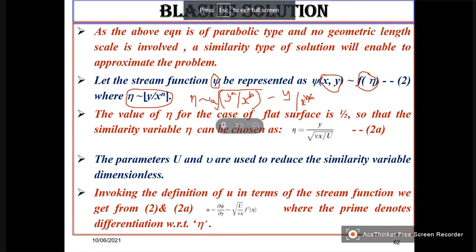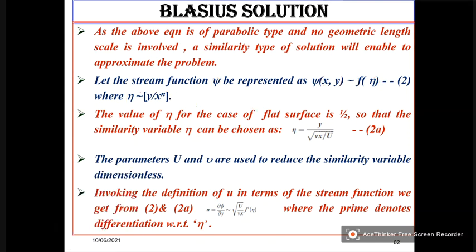Okay. So this is what we are calling as some n. Right? So let us assume this thing.